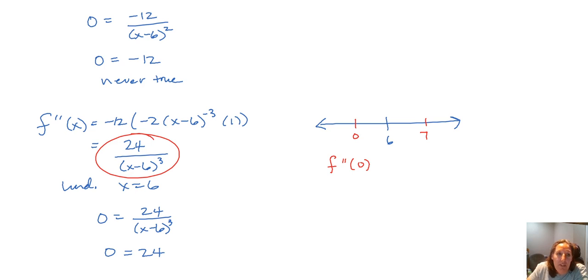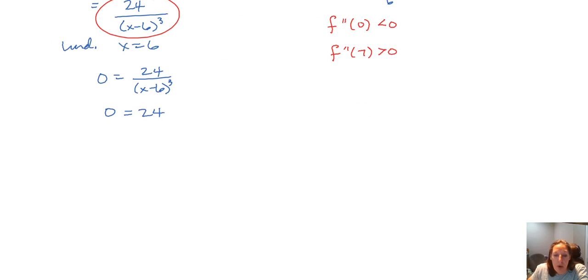Positive divided by a negative is a negative, so our second derivative is going to be negative, meaning that our function is concave down. And then at 7, if we plug in a 7 there, we're going to get our numerator's a positive 24. In the denominator, 7 minus 6 is 1. And that, when you cube it, is going to give a positive number. So a positive divided by a positive is positive. And so our function is going to be concave up.